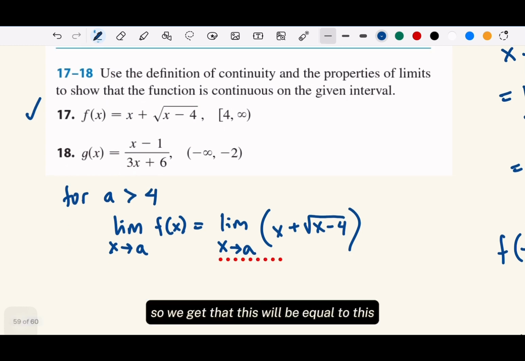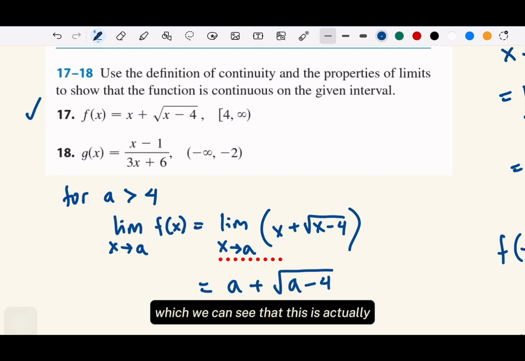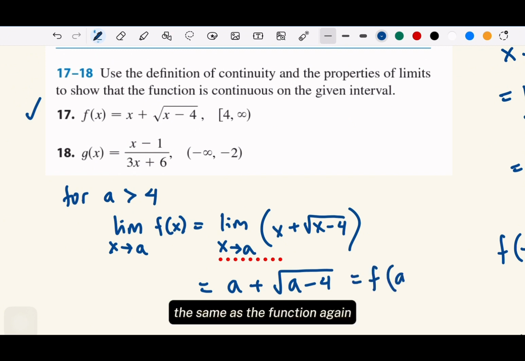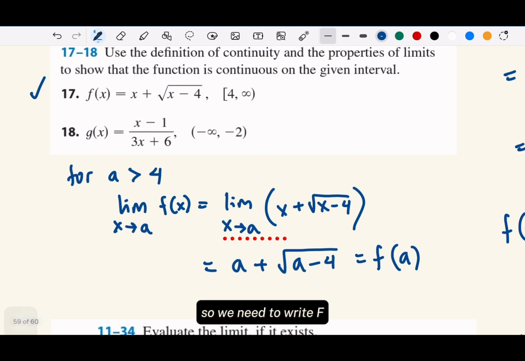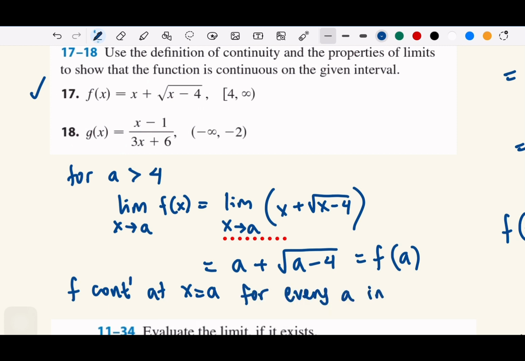We directly substitute, so we get a plus the square root of a minus 4, which we can see is actually the same as the function again. So we need to write that f is continuous at x equal a for every a in this interval.